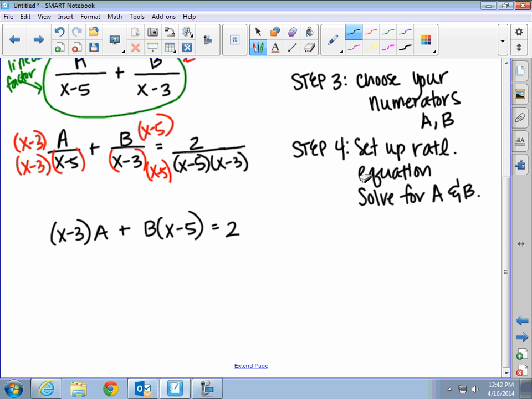Okay, so what we're going to do from here is we're going to distribute: ax minus 3a plus bx minus 5b equals 2. From here, you need to group things, okay? So here we're grouping.